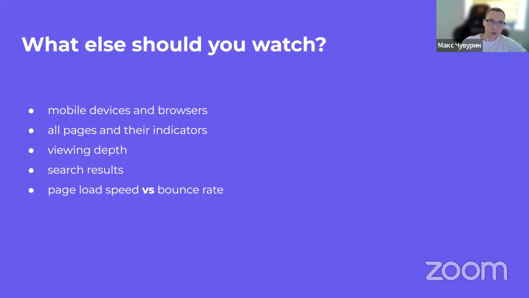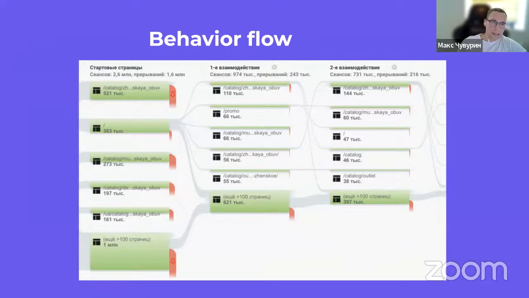What else should you consider? Mobile devices and browsers, all pages and their indicators, view in depth, page load speed versus bounce rate to better understand technical issues. And you also need to study behavior flow.